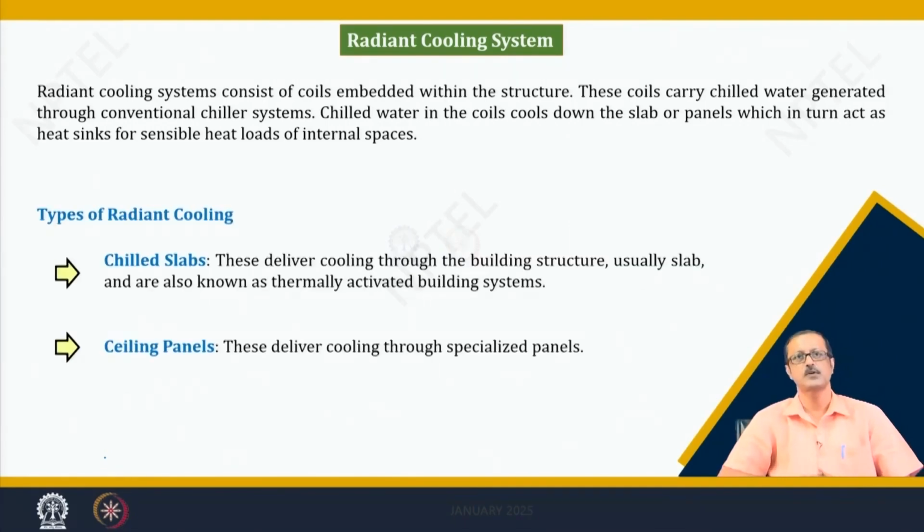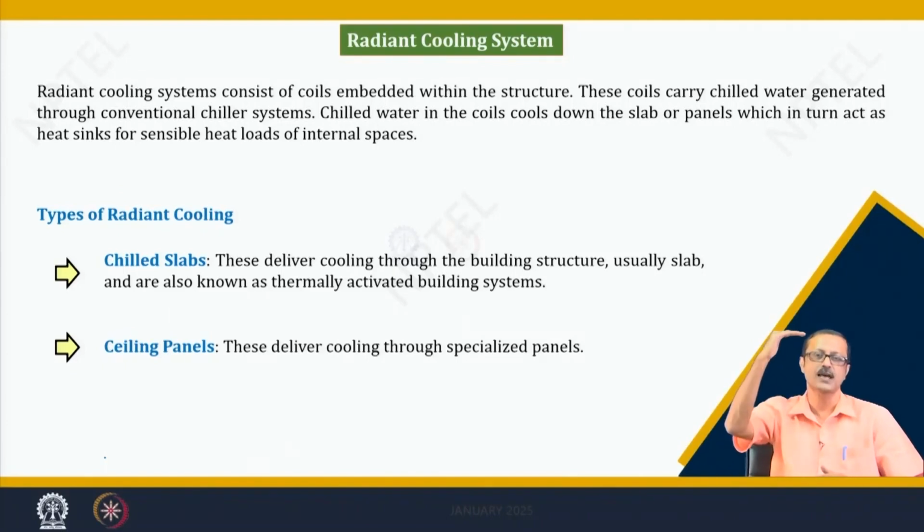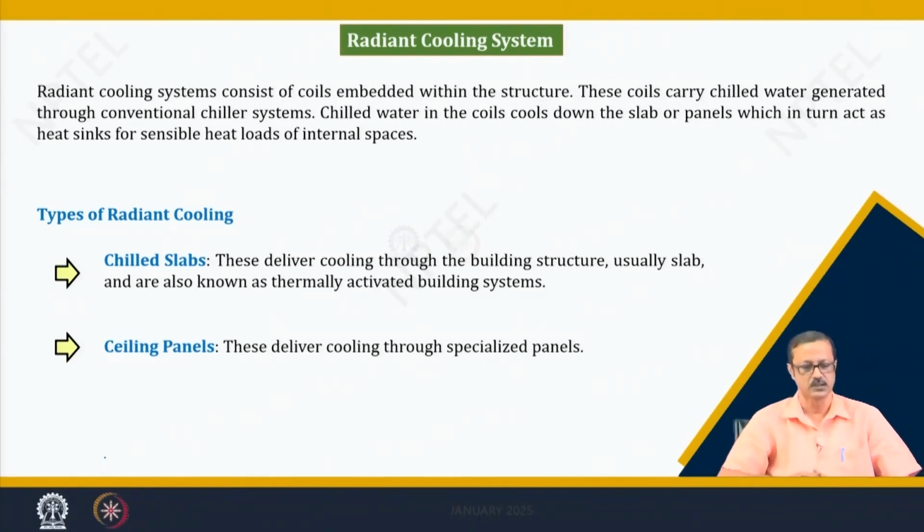So, there are two types of radiant cooling. One is called the chilled slab, where between the roof slab and the false or suspended ceiling, there are pipelines filled with a flow of chilled water.